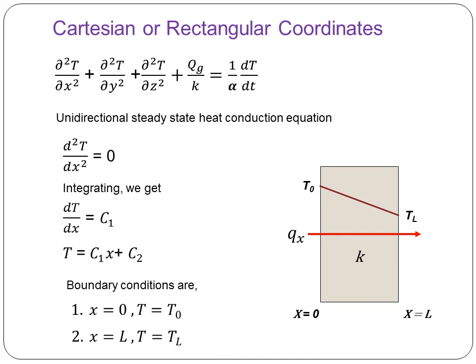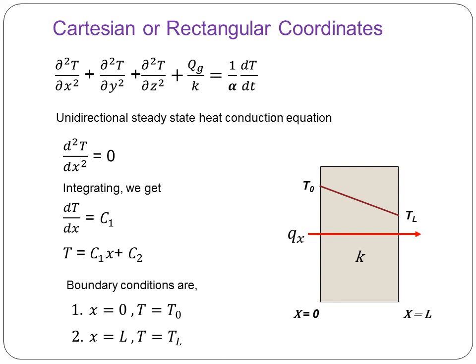For a slab, you have two boundary conditions: at x equal to 0, you know the temperature as T 1 or T 0, and at x equal to L, the temperature is T L. These two boundary conditions can be used to obtain the values of C 1 and C 2, and finally you can get the temperature distribution equation for any value of x.